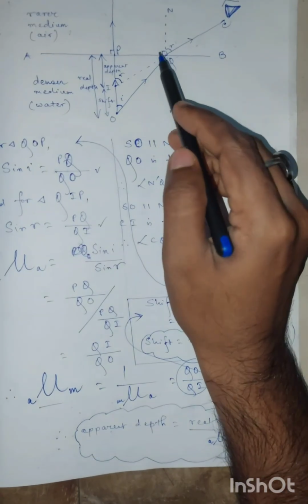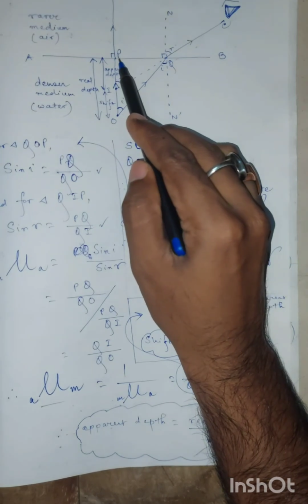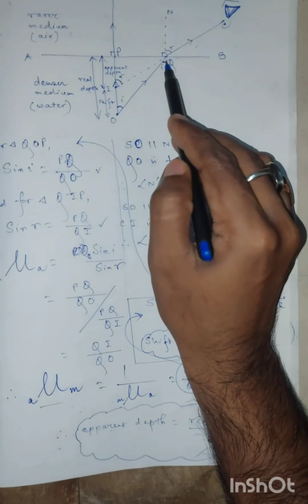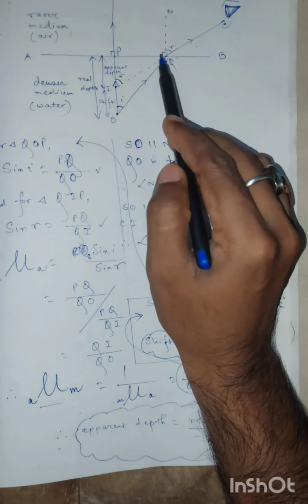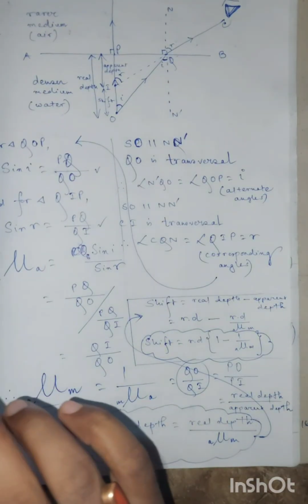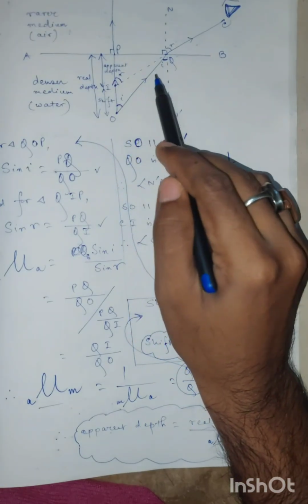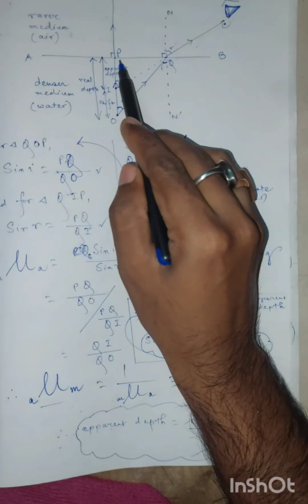Because if we assume that Q point is very near to P, we have drawn it only to make you understand the concept better. The calculations become easier and easy to understand. That is why we have drawn it like this. But actually, P and Q points are very close to each other.